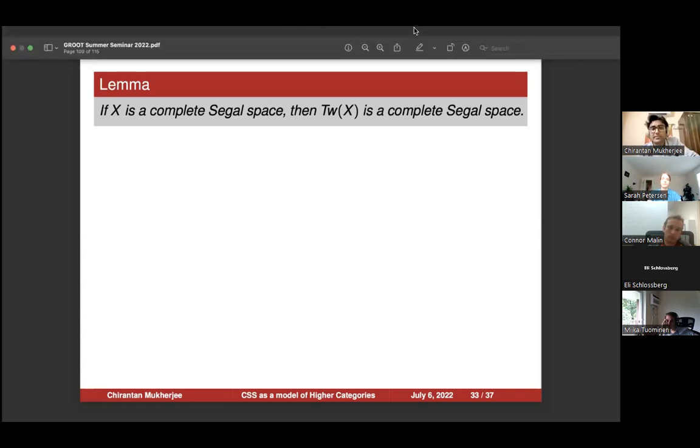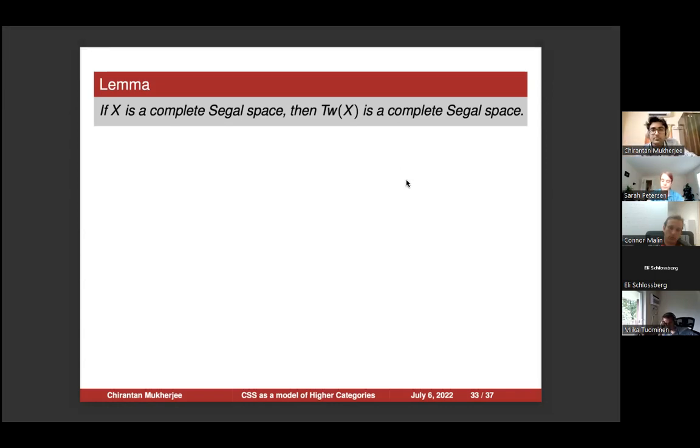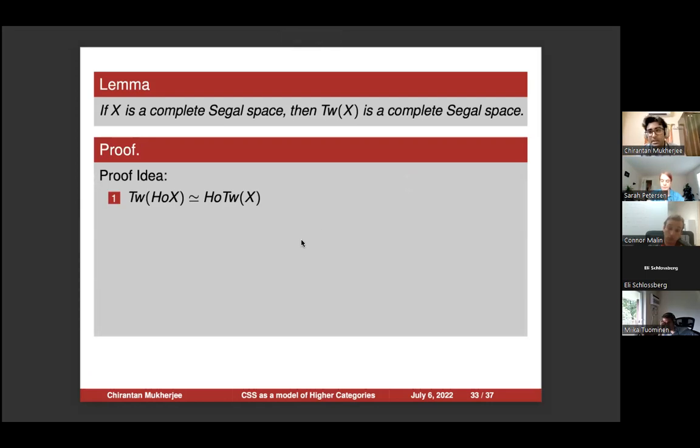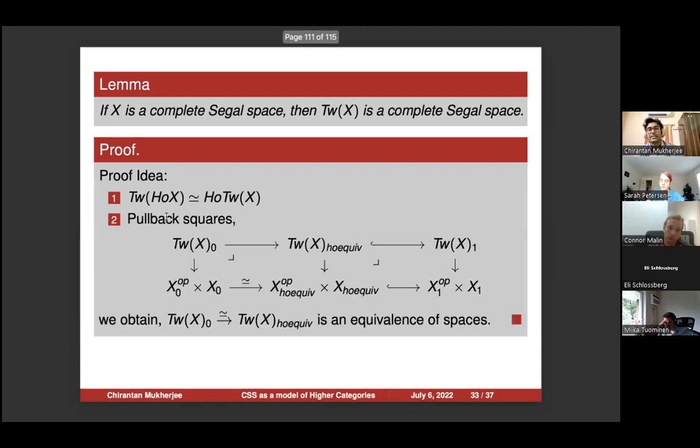Finally, we show that if X is a complete Segal space, then the twisted arrow of a complete Segal space is a complete Segal space. So the main proof idea is first to show that the twisted arrow of the homotopy category of X is equivalent to the homotopy category of the twisted arrow of X. And then we show that we have a pullback square like this, where, by the degeneracy map, we have a map from twisted X0 to twisted X1, and we have maps which are factored through twisted X hoequiv.